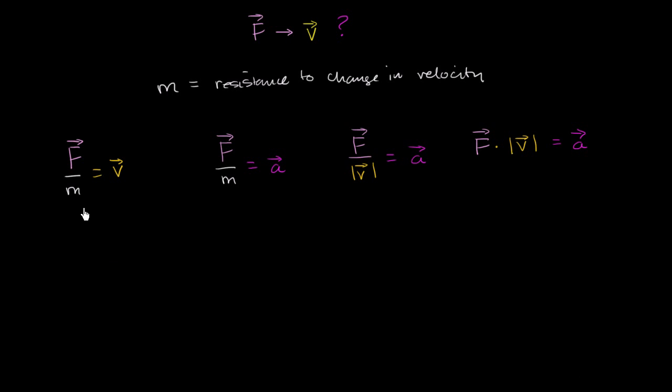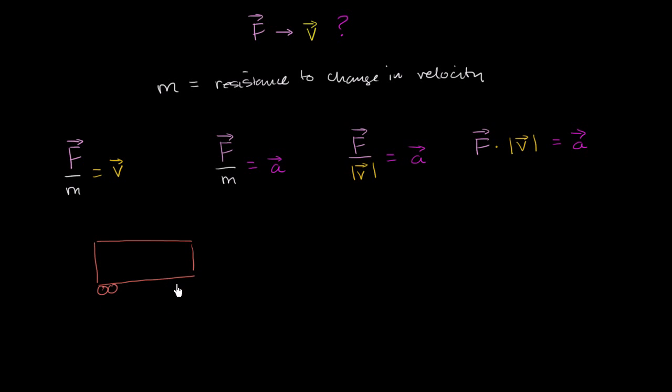So let's now try to think these through. And for these first two, I'm going to imagine a scenario. Let's say I have a truck. And let's say a truck has a high resistance to a change in velocity, if you've ever tried to change the velocity of a truck without an engine.